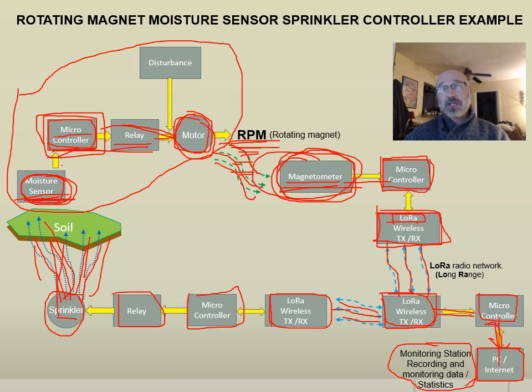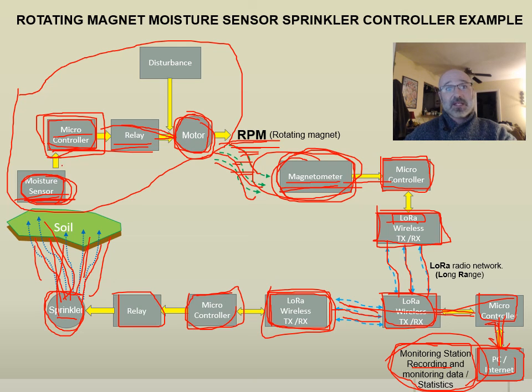So this moisture content is then sent to our recording station where somebody looks at that and can live view it, or it can be an automated process. And they say, okay, well, we're at this moisture content, so therefore, go back to our microcontroller, send out information over here to our receiver from our LoRa receiver on the shield on our Arduino there, and tell it to do some task, some function of our sprinkler system here.